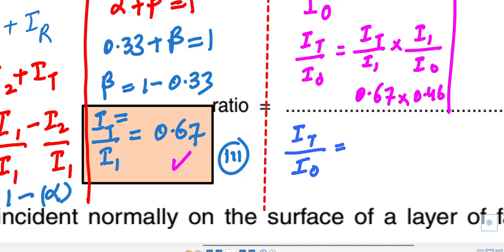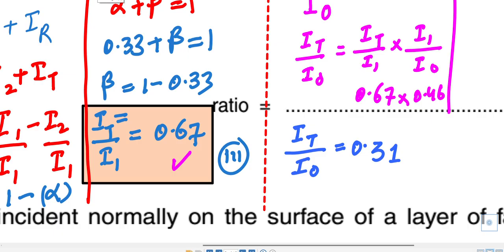Sir, I got 0.31. 0.31. Got it? Sorry, can you repeat please? Sir, I got 0.31. 3-1, right? Yes, sir. Okay.